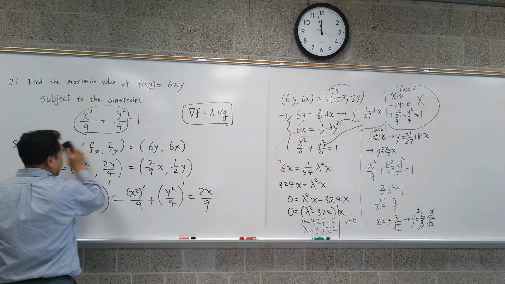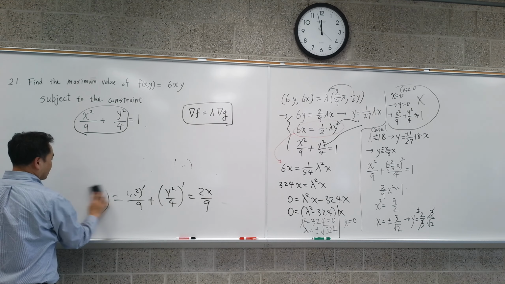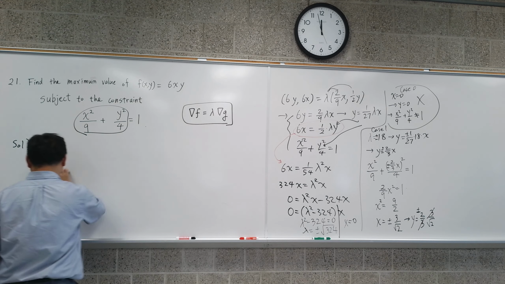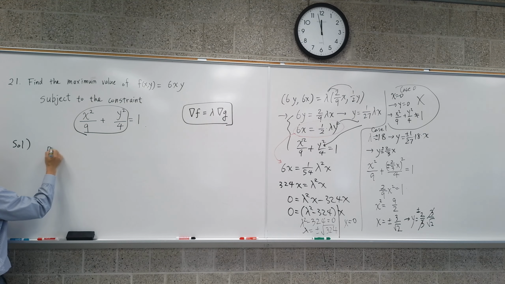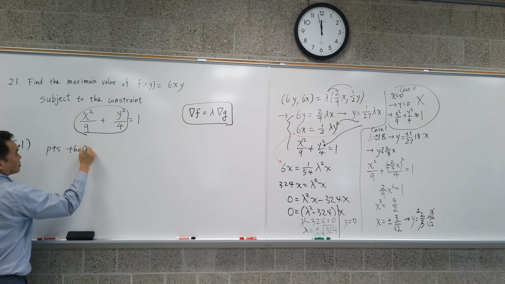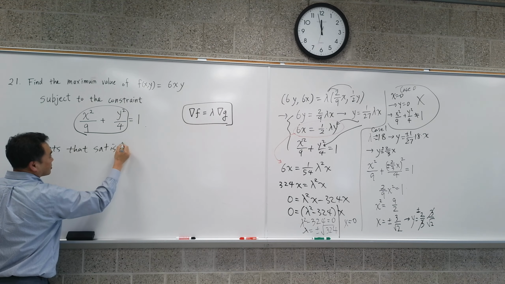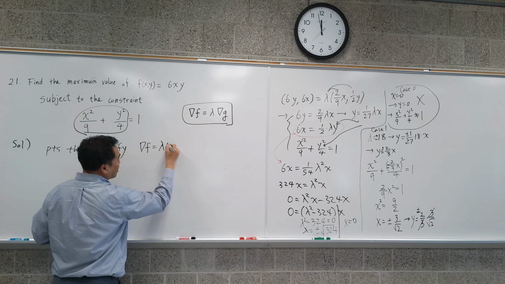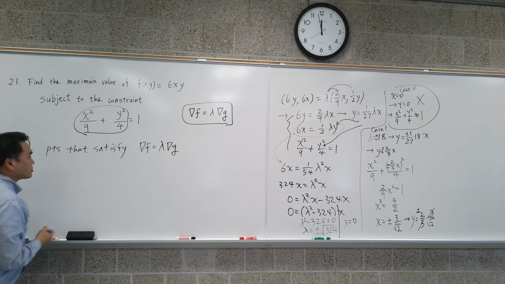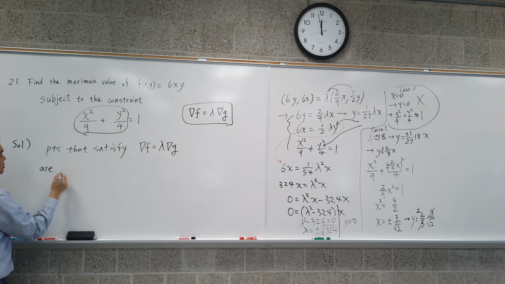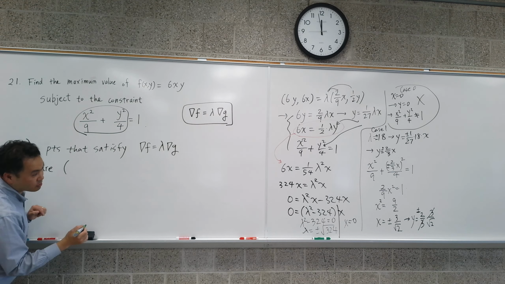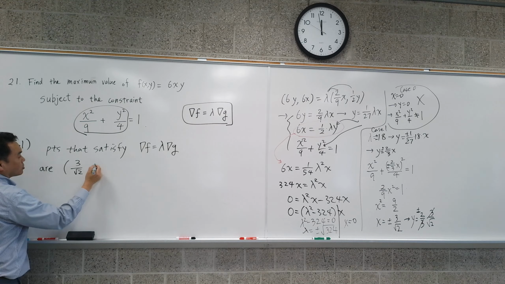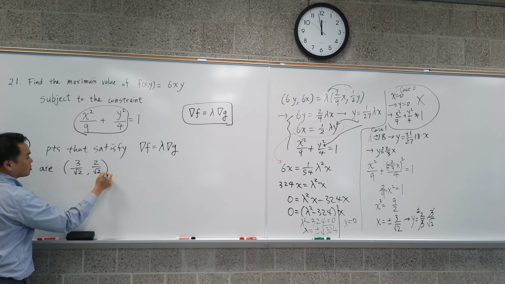Okay, so what does that mean? That means points that satisfy the Lagrange equations, points that satisfy gradient of f equals lambda times gradient of g, there are several points. There's 3 over square root of 2, comma 2 over square root of 2.